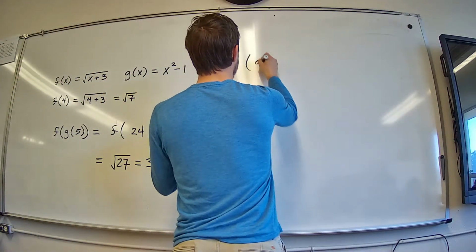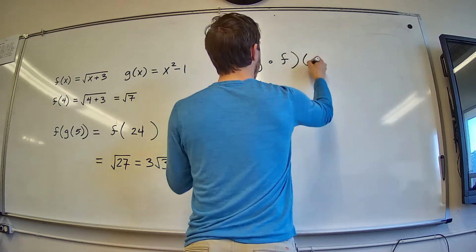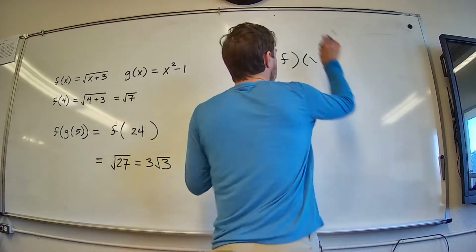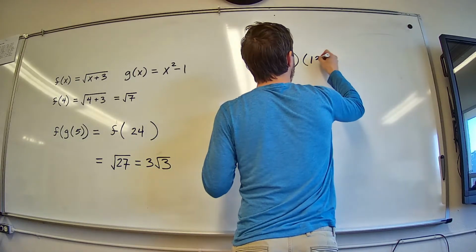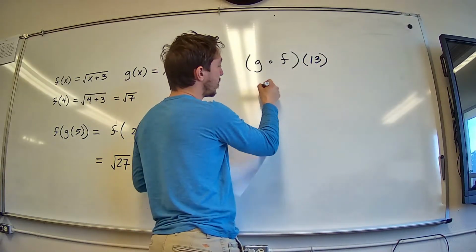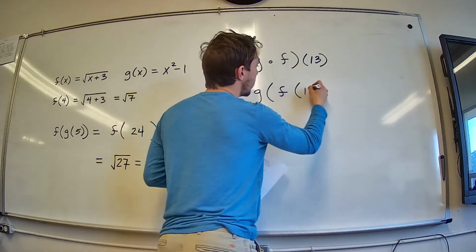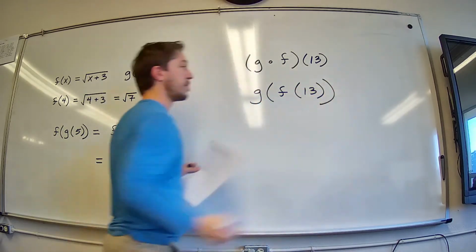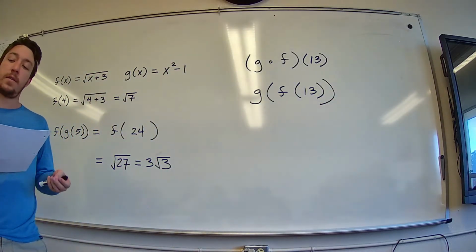It goes g, this symbol, f, of 13. So, a little bit of notation here. What does this mean? This just is a fancy way of writing g of f of 13. Okay, that's all that is. Nothing scary.